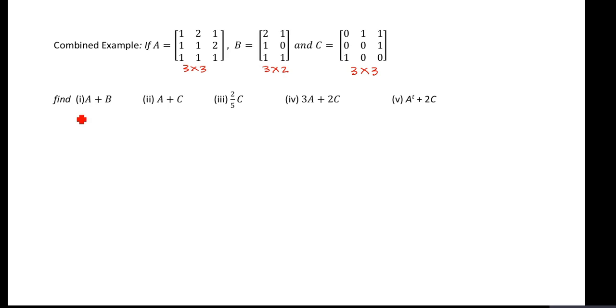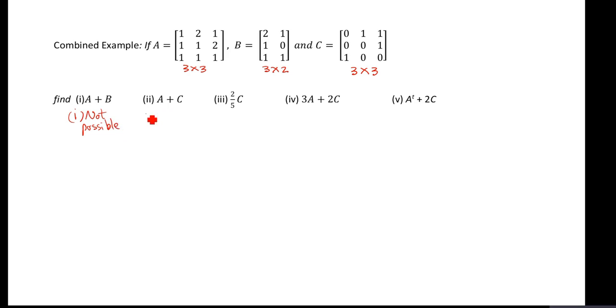So let's look at number 1, A plus B. What's the order of A? 3 by 3. What's the order of B? 3 by 2. Can I do that? Not possible. The order is not the same.